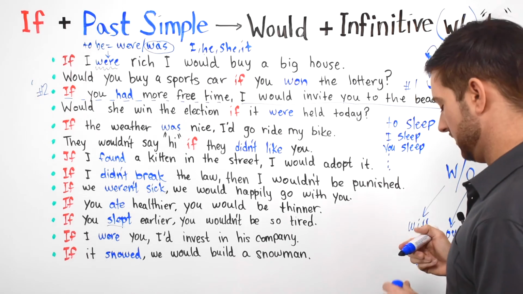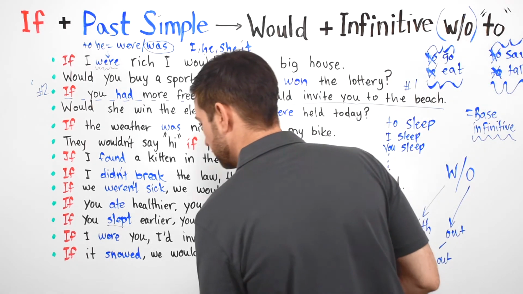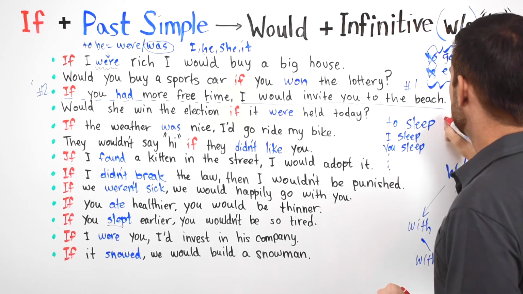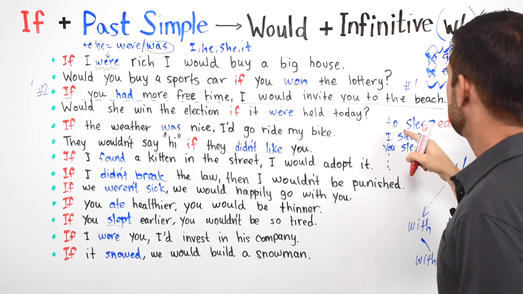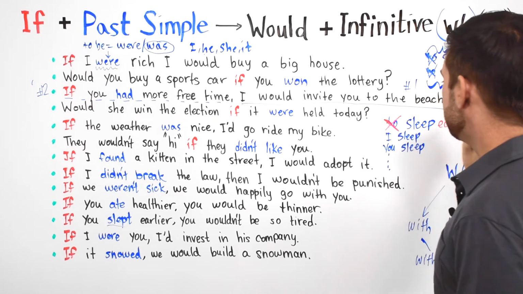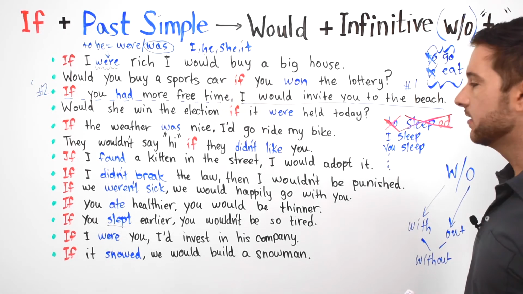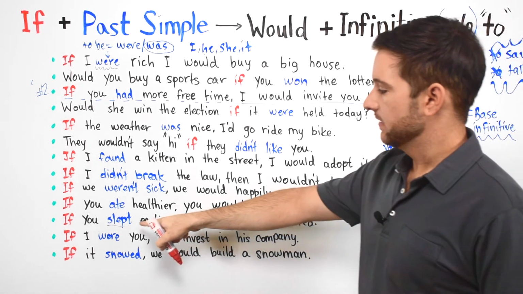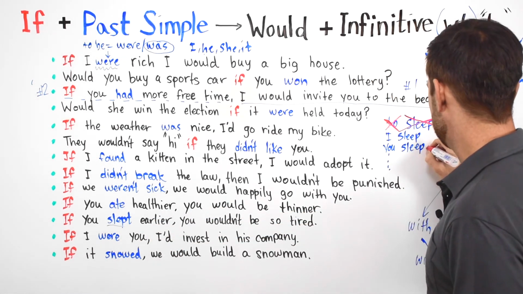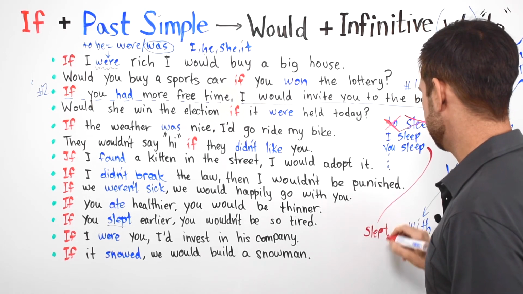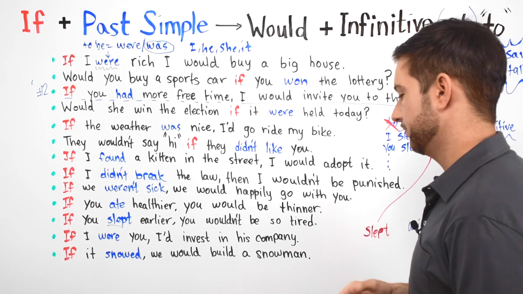Normally we make the past simple for regular verbs by adding ed at the end. But can you add ed here? Sleeped? No, you cannot say that. We can't do that. Instead, we need the T. It becomes slept. S-L-E-P-T. Slept. Okay?